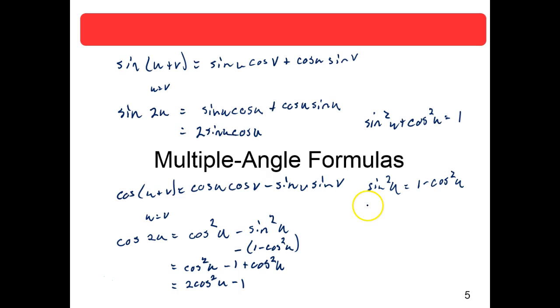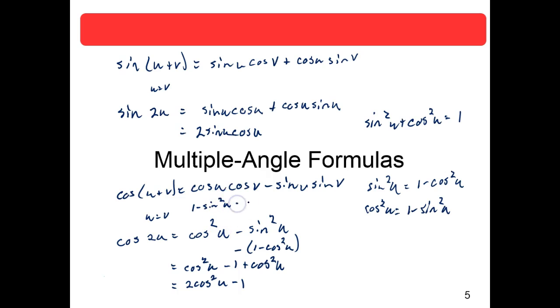Let's do the same thing here. Cosine squared u is equal to what, from your Pythagorean identity? 1 minus sine squared u. So this time, instead of cosine squared u, we'll write 1 minus sine squared u.